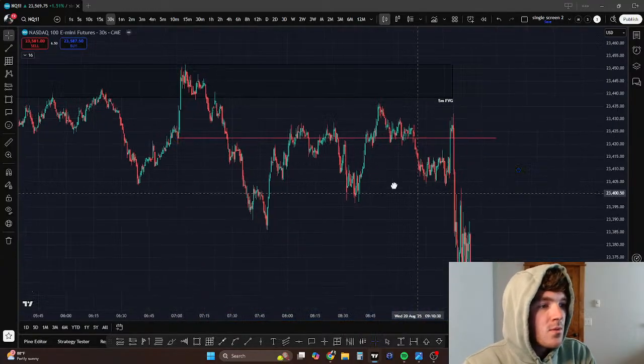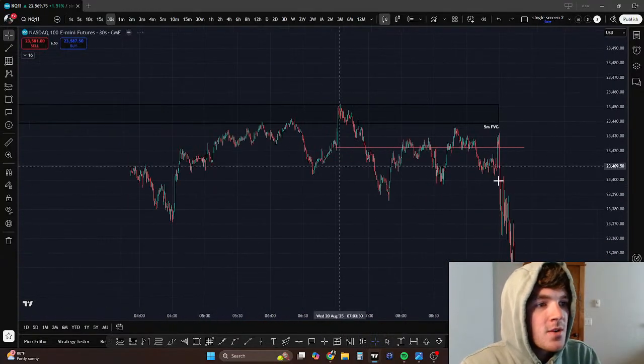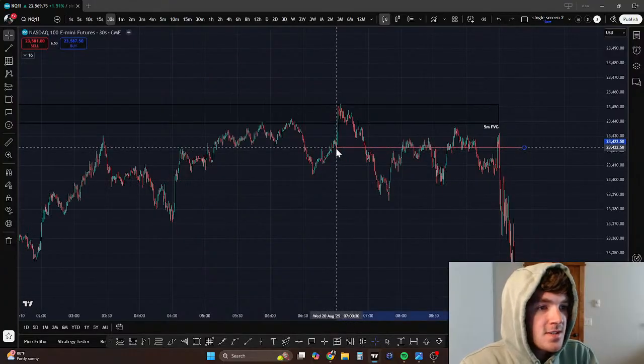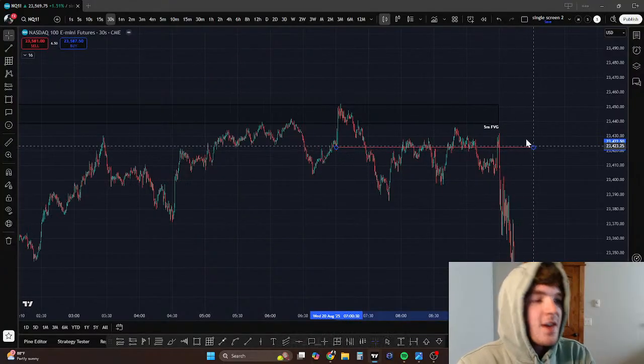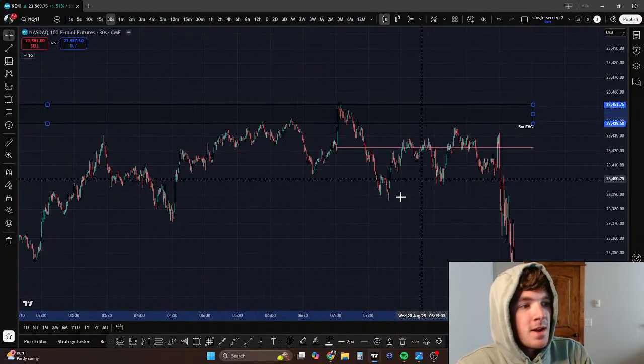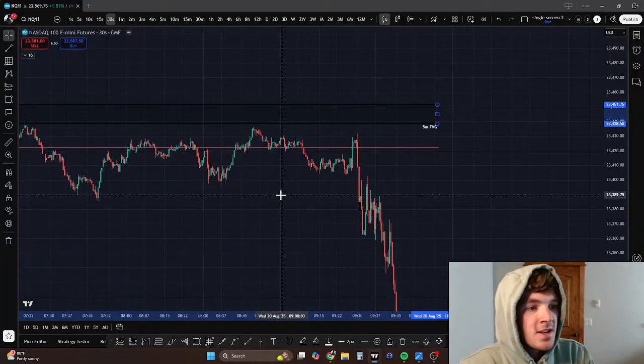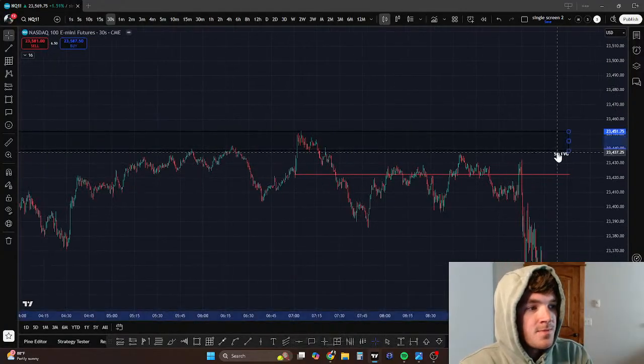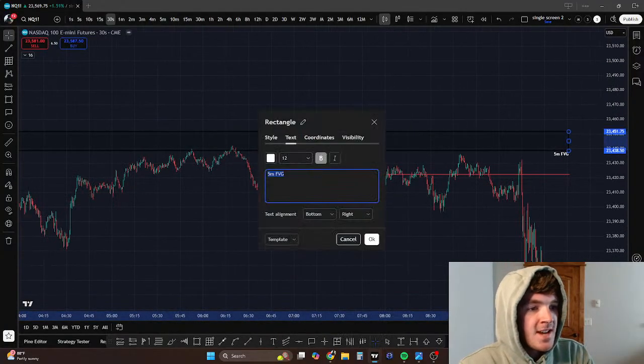I did note this as a sell model, but I was looking for a lower time frame entry, and then I never really got it. So maybe I should have just taken this as is.